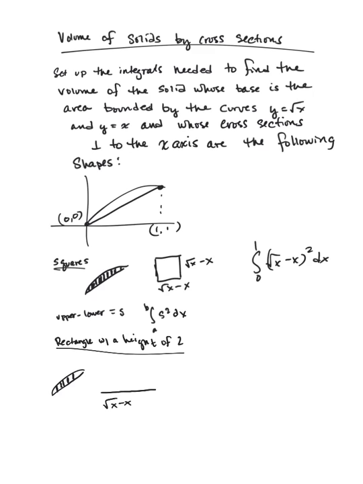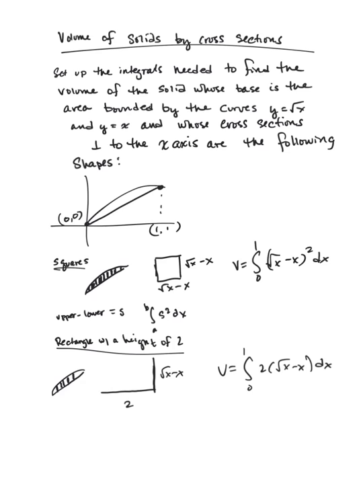You may want to put it on the other side, maybe easier for you to understand, since these are perpendicular to the x-axis. So the general height is 2, and the base is square root of x minus x. So your volume, this is the volume that we're finding here, kids, would be the integral from 0 to 1 of 2 times (square root of x minus x).